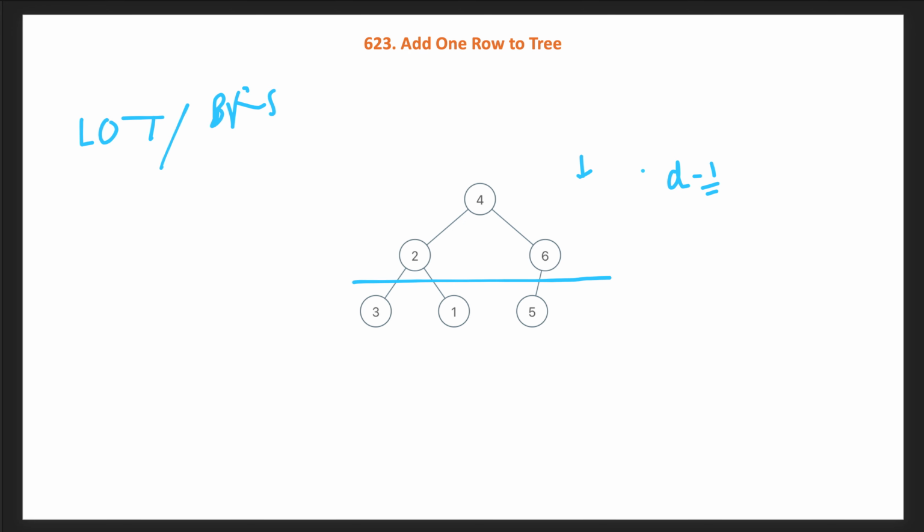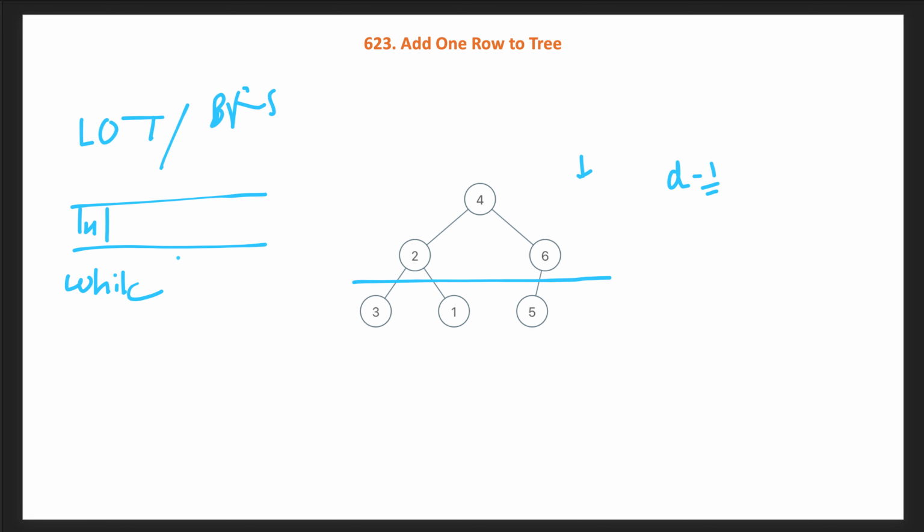First of all we have to reach it. For using BFS or level order traversal, we always use a queue. The base case we can handle beforehand: if d is 1, then just create a new node and return. I will explain more in code when we implement. For the rest of the cases, we add the root node first into our queue, and then we run a while loop.